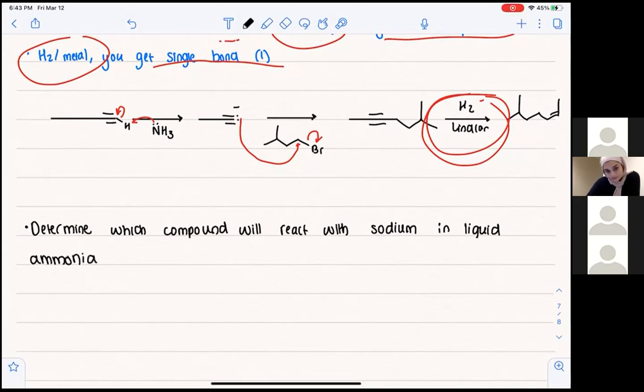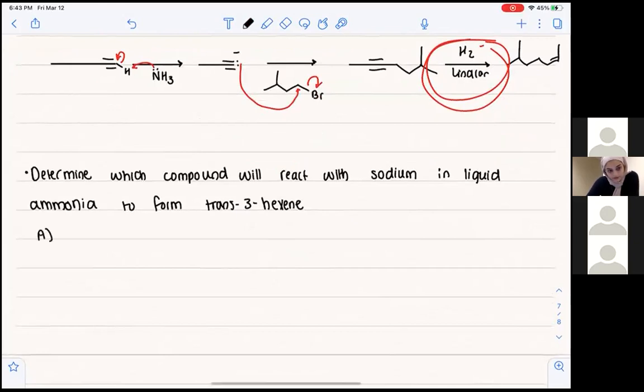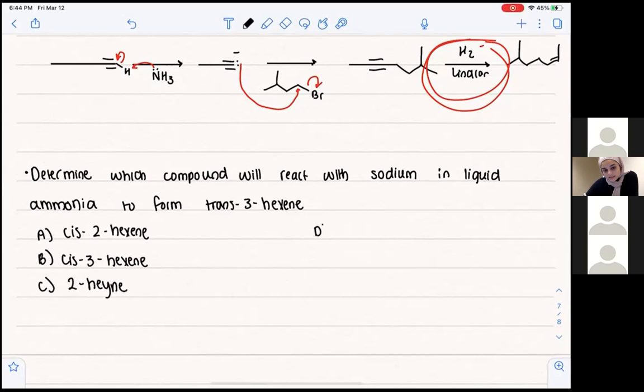So A is cis-2-hexene, B is cis-3-hexene, C is 2-hexene, D is 3-hexene, E is trans-2-hexene. So this is what these are looking like.